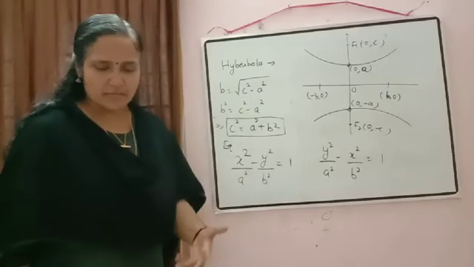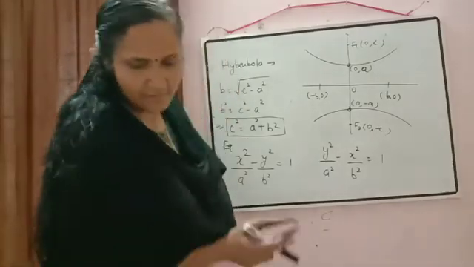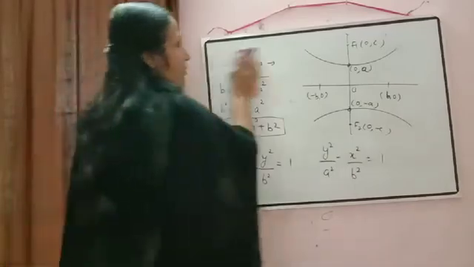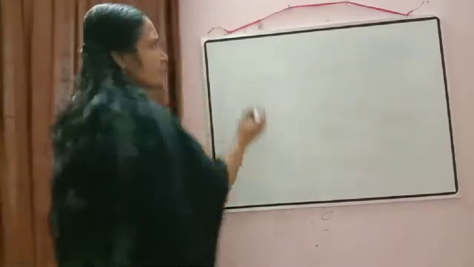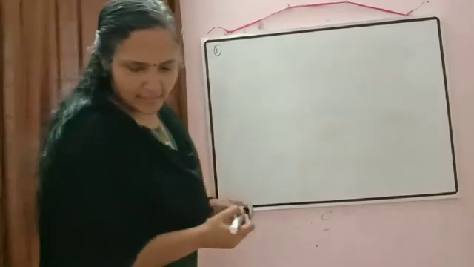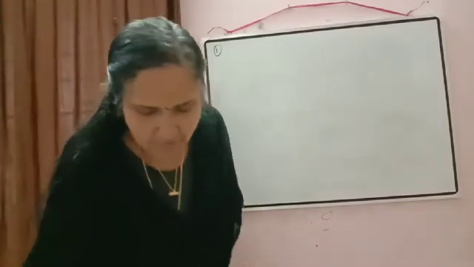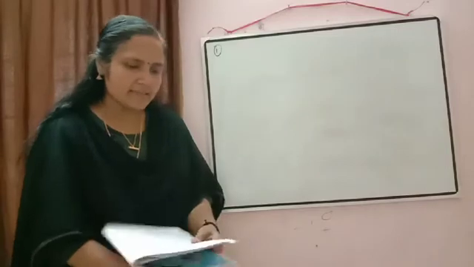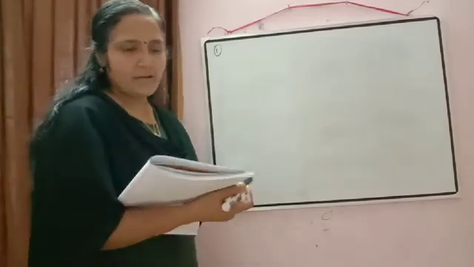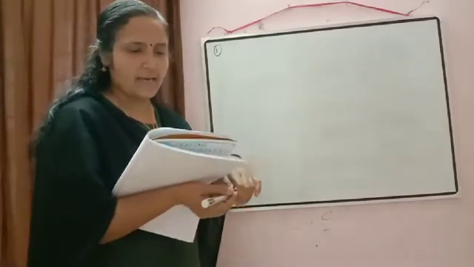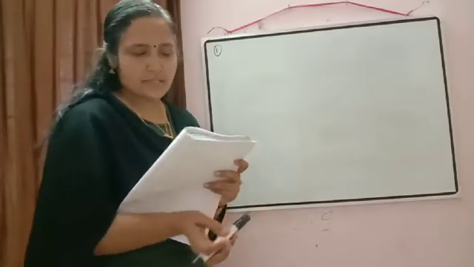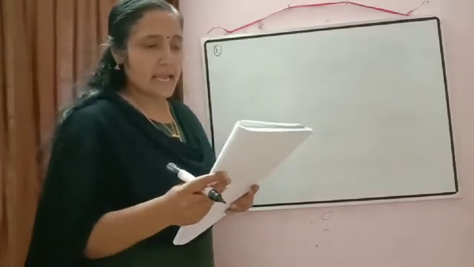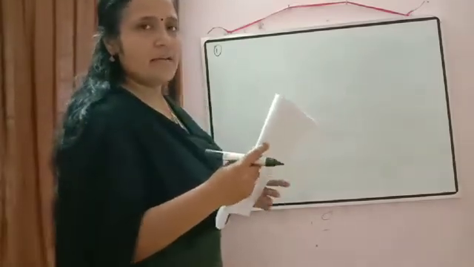Okay, now we'll do the questions. Okay, so write down the question. Find the coordinates of the foci, the vertices, the eccentricity, length of transverse axis, conjugate axis, and latus rectum of the hyperbolas.